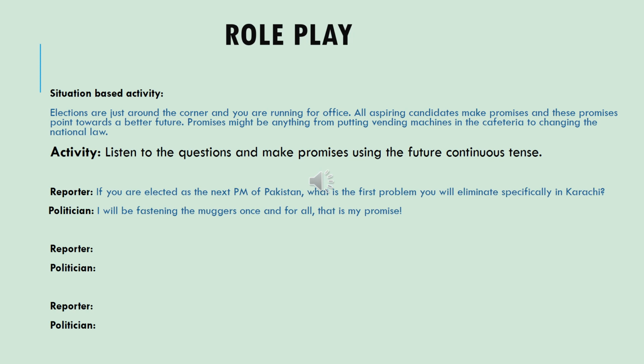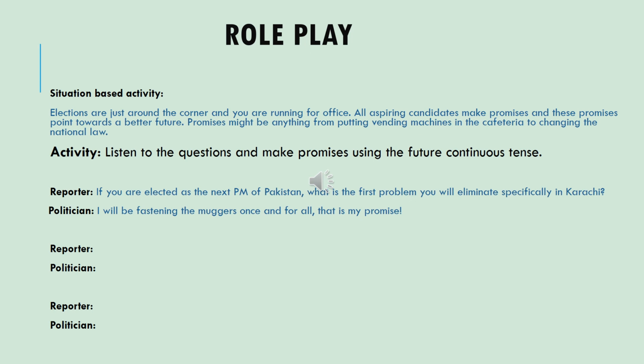These promises point towards a better future. Promises might be anything from putting vending machines in the cafeteria to changing the national law. The activity goes like, listen to the questions and make promises using the future continuous tense. I've already stated in the activity what they have to do, so that there is no room for any confusion.